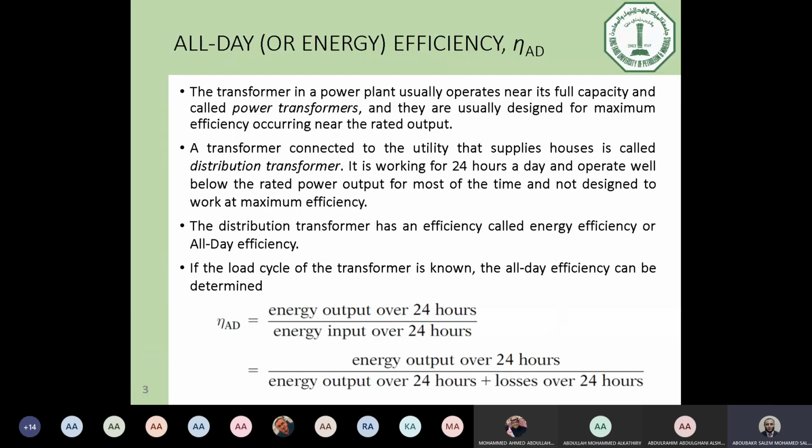And we agreed together before, the losses of transformer can be classified into core loss, which is load independent because it depends on the supply voltage, and we can assume it's constant. However, the copper loss is considered load dependent because it depends on the current of the load.